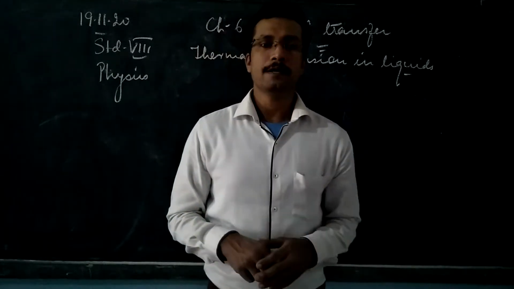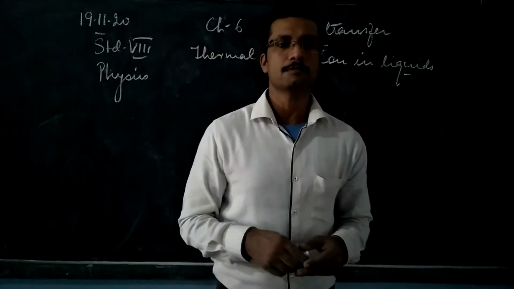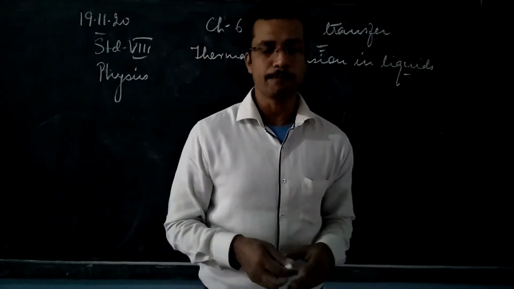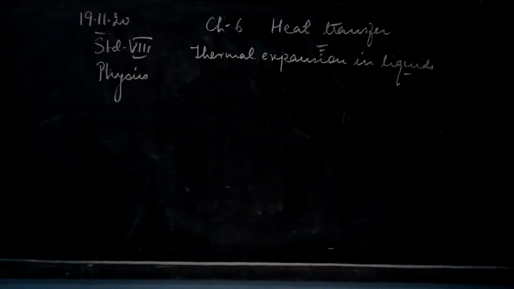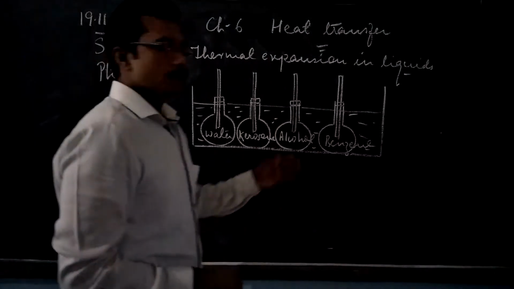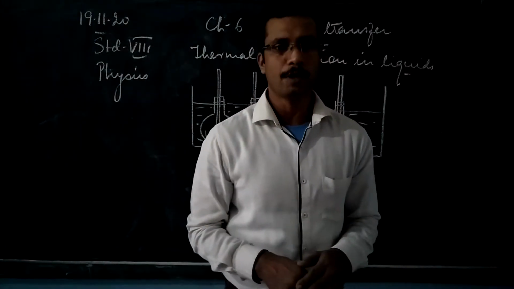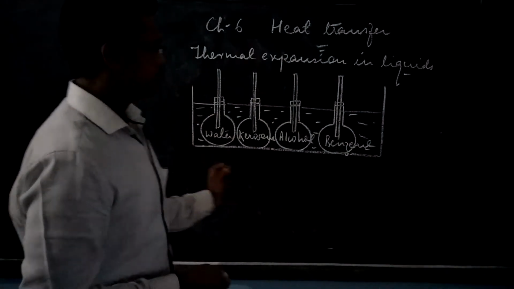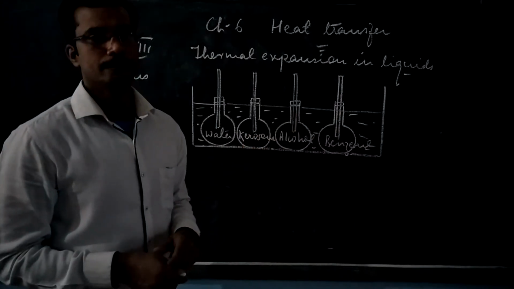Let us now see how we can find that different liquids show different kinds of expansion when heated to the same temperature. So here, to show that different liquids expand by different amounts, we have taken 4 different liquids in this big tub which is filled with hot water.